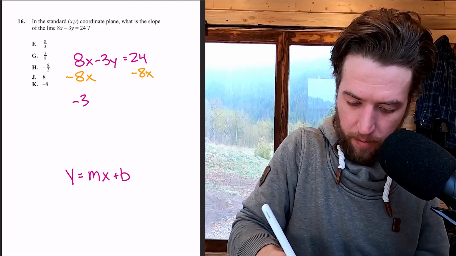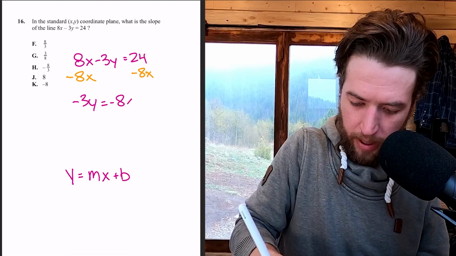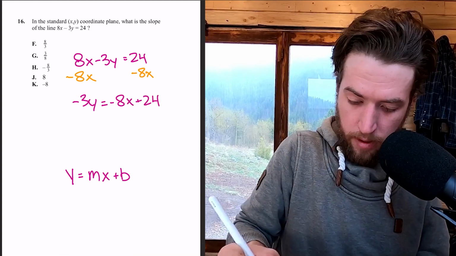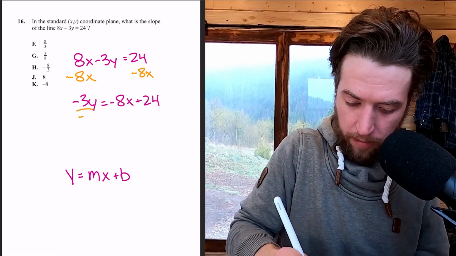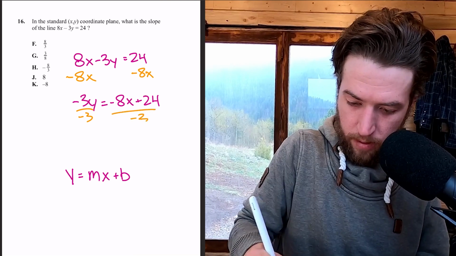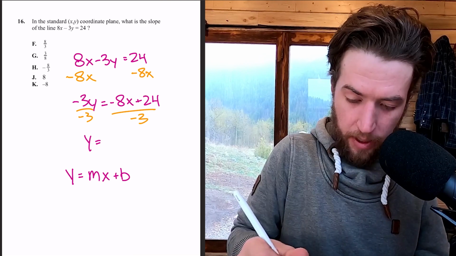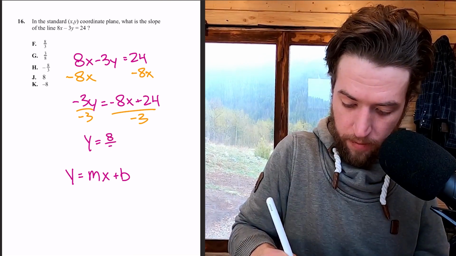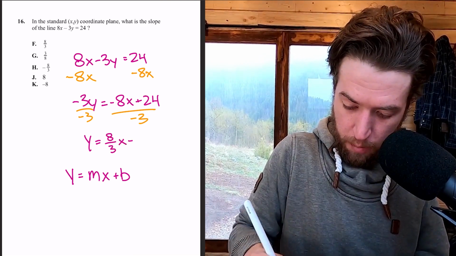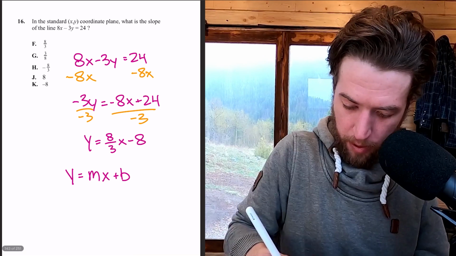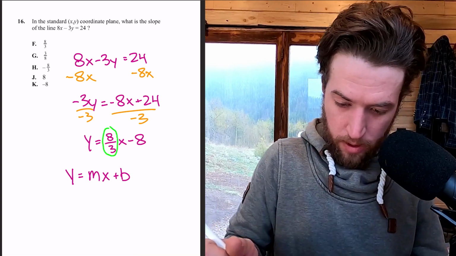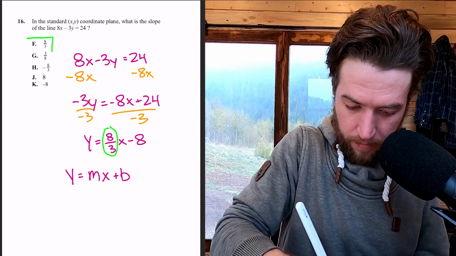So we have negative 3y equals negative 8x plus 24. And then we're going to divide both sides by negative 3. Okay, y equals negative 8 over negative 3, which is positive 8/3 x, minus 8. But all we really care about is this piece right here, the slope. 8/3, positive. Answer F.